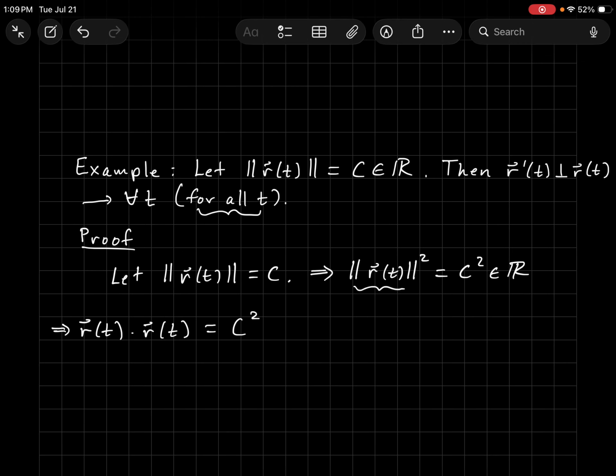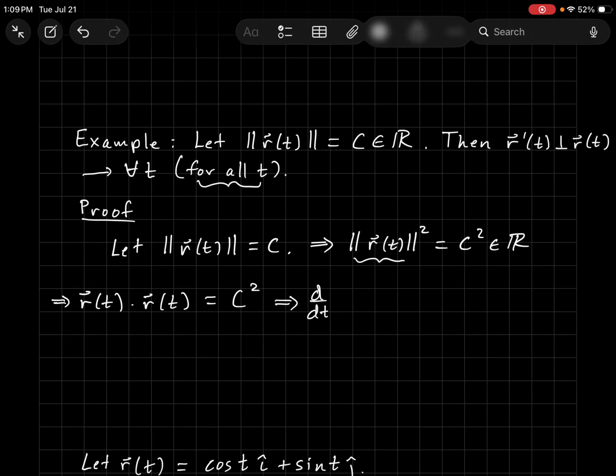So what if we have this? Now let's take the derivative of both sides. So I can take the derivative of r dot r.